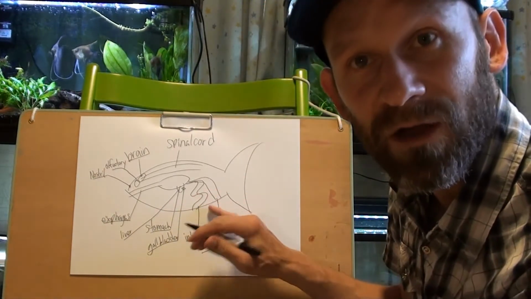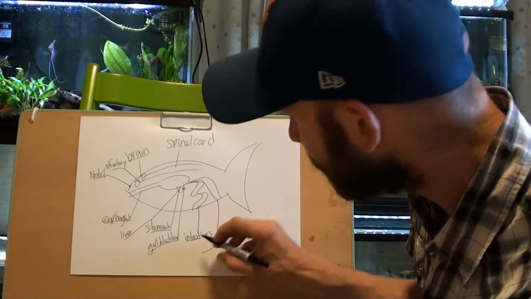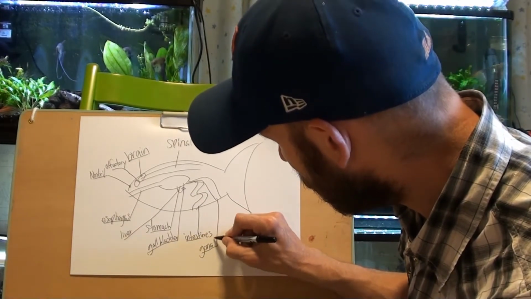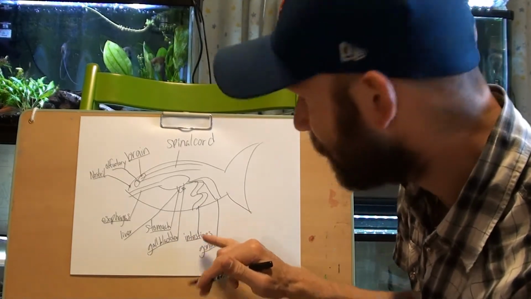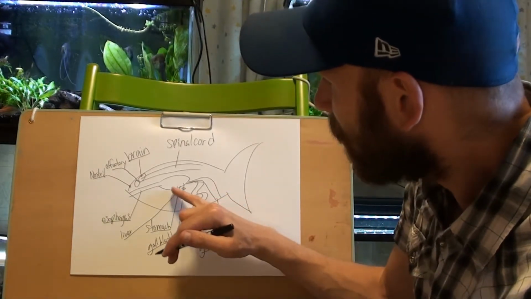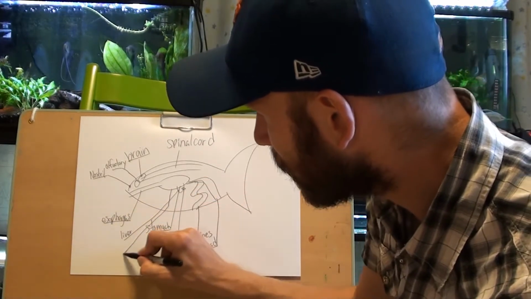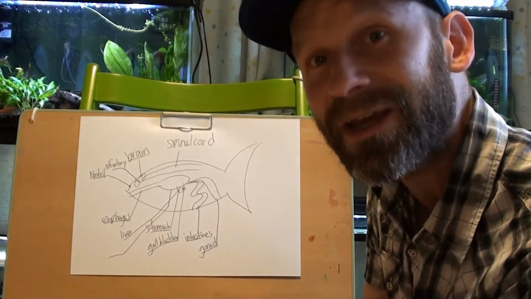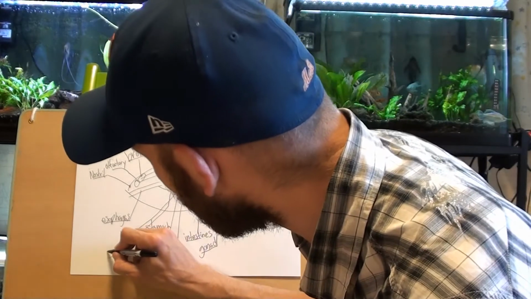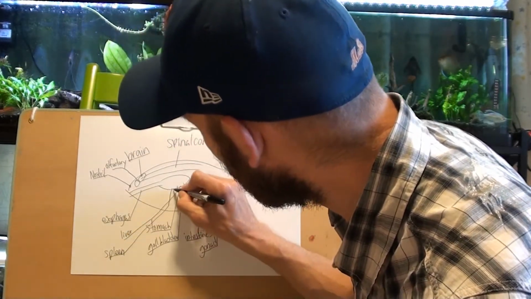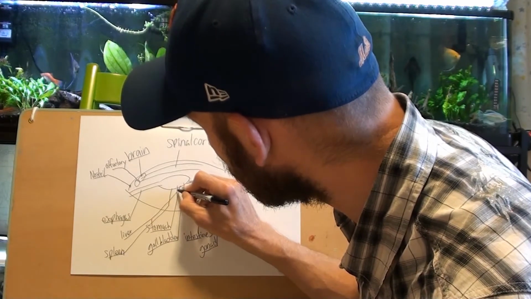This is the reproductive gland or organ called a gonad. And of course around this area we also have other organs like the spleen and the pancreas. I'll write those right here. Spleen. We also have around this area.